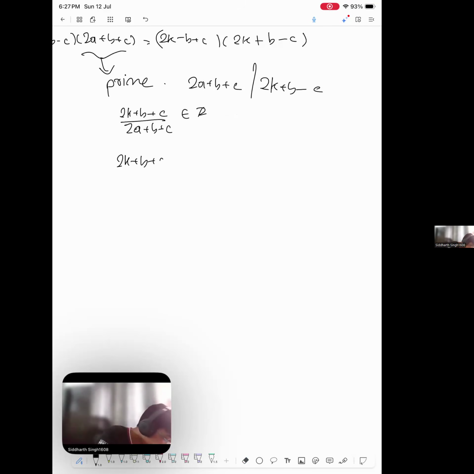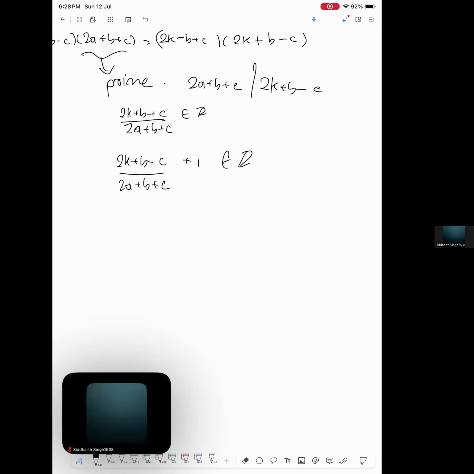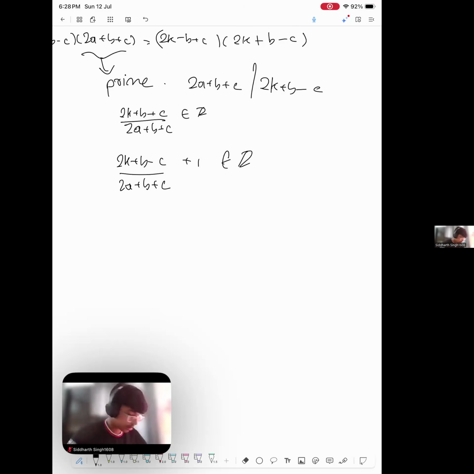Add 1, it should still be an integer. Yep, nice.